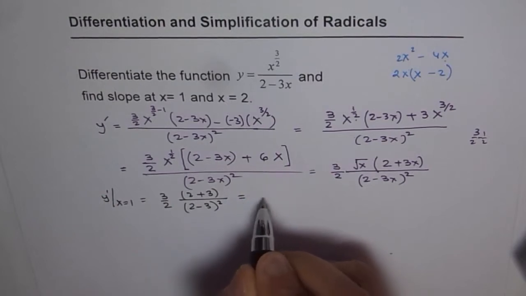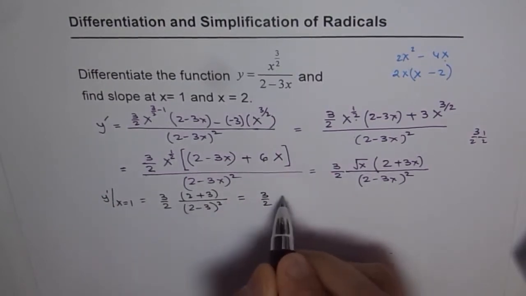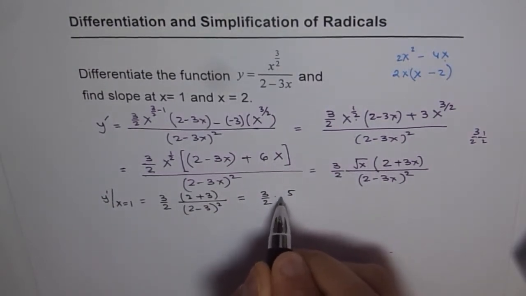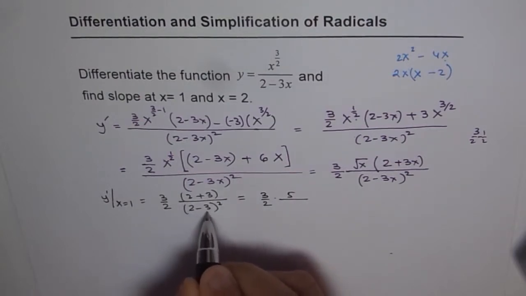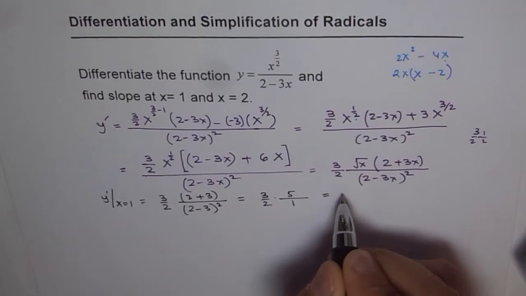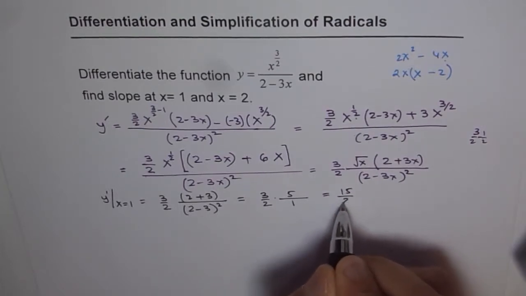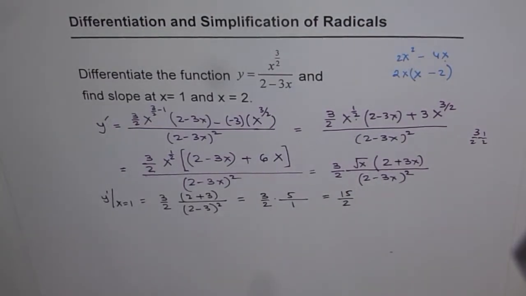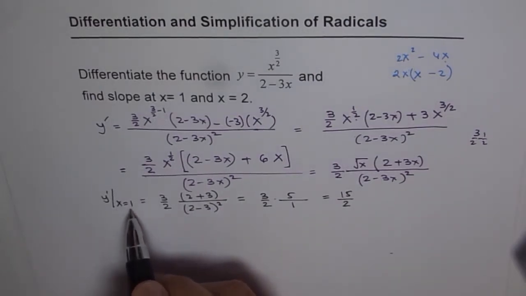Which equals 3 over 2, 2 plus 3 is 5, over 2 minus 3 is minus 1. Minus 1 square is just 1. And so we get 15 over 2. So that is the derivative, or the slope, at x equals 1, right?